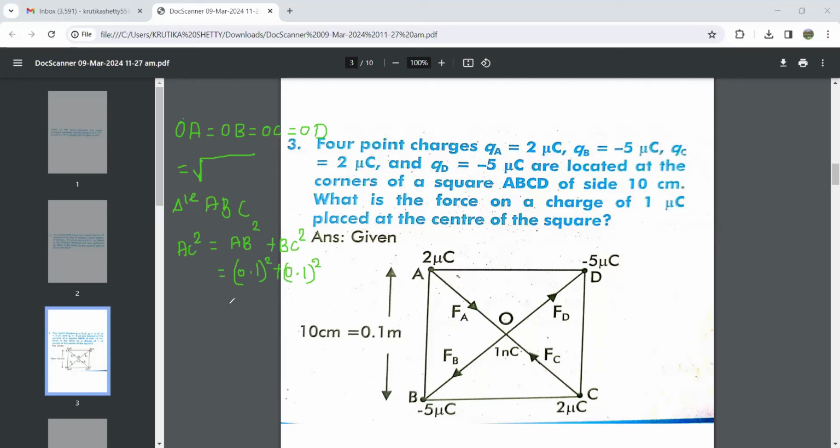Because it is in centimeter, I am converting in terms of meter, which is equal to 0.1 square plus 0.1 square, and you have to add that. This will be 0.01 plus 0.01. So 0.01 plus 0.01 will be 0.02.